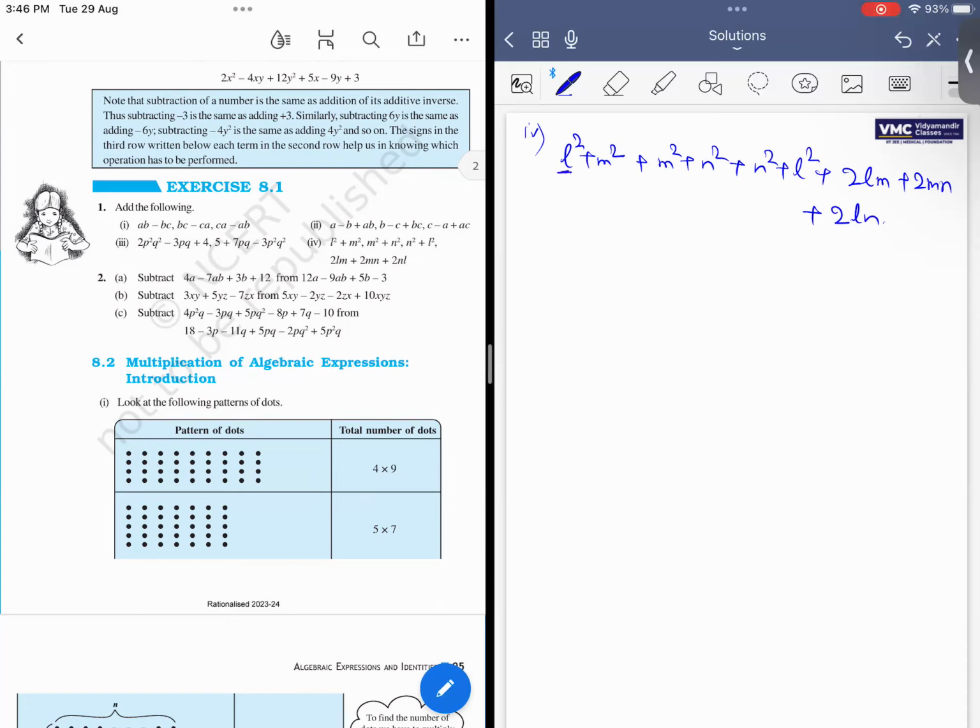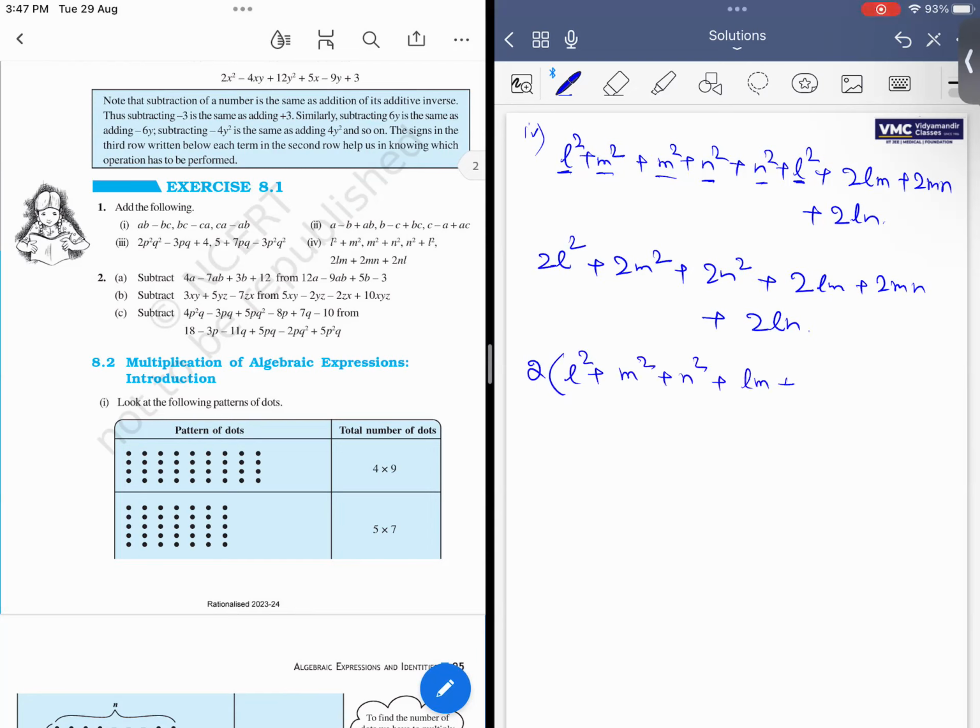So L square, L square, so 2L square, M square plus M square, 2M square, N square plus N square, 2N square, and then plus 2LM plus 2MN plus 2LN. That's it. What else we can simplify is that we can take 2 outside common: L square plus M square plus N square plus LM plus MN plus LN.